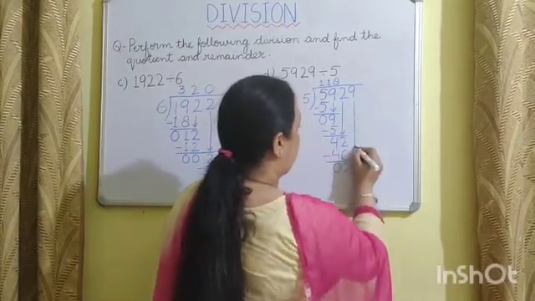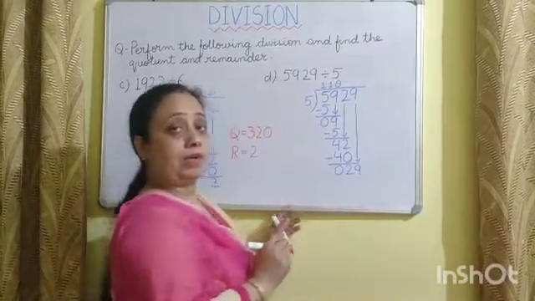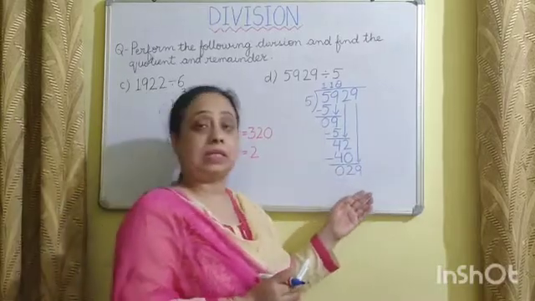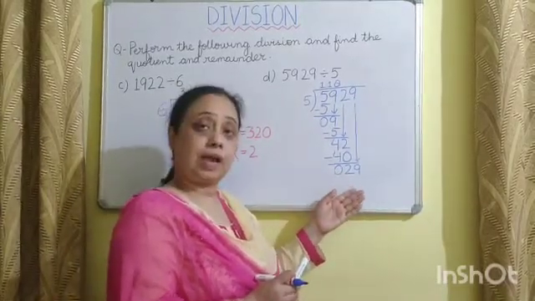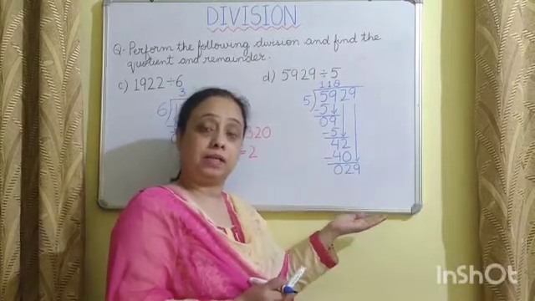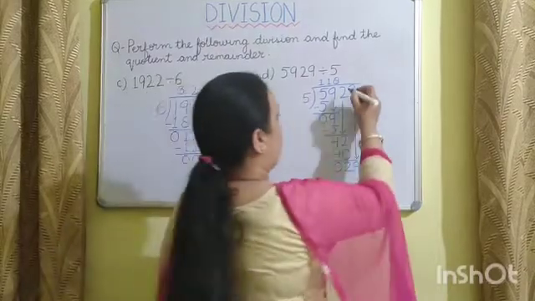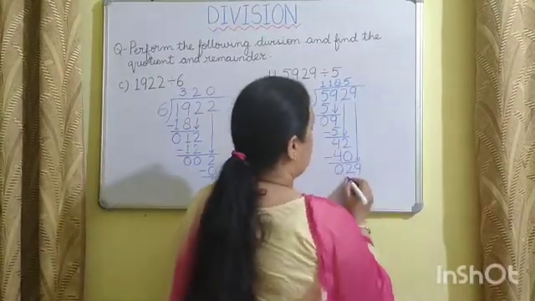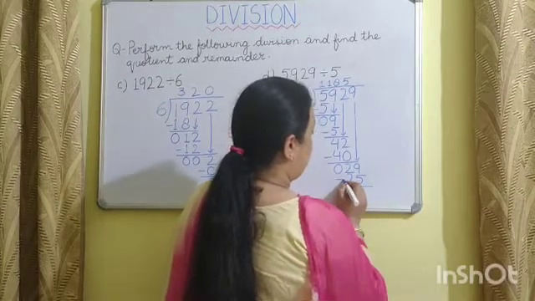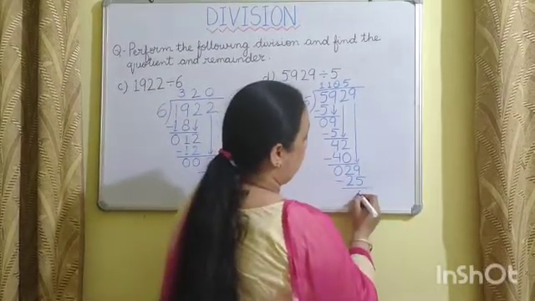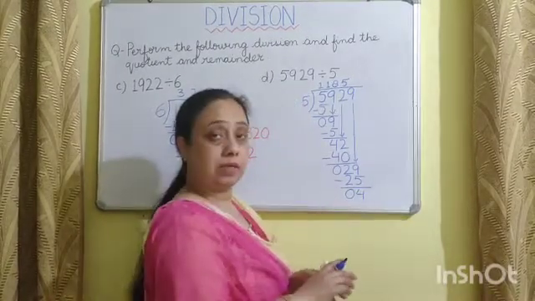In the next step, we'll copy down this 9 here. Now we'll read the table of 5 till 29. 5 5s are 25 and 5 6s are 30. 30 is greater than 29. So we'll take 5 5s are 25. Subtract it. 9 minus 5 is 4 and 2 minus 2 is 0.